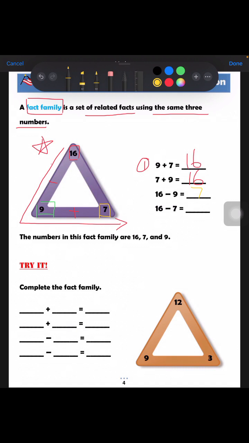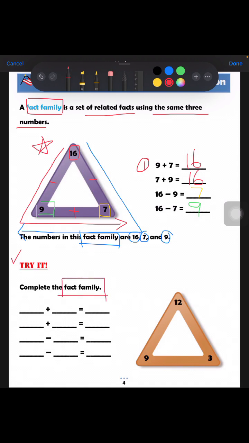How about 16 minus 7? We look at the first family. 16 minus 7 equals 9. So the numbers in this fact family are 16, 7, and 9.